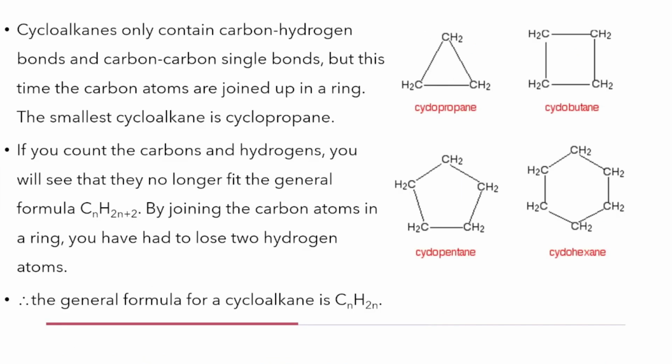Now let's go to another type of alkanes, which we call cycloalkanes. Cycloalkanes are also called alicyclic hydrocarbons, which means aliphatic cyclic hydrocarbons.